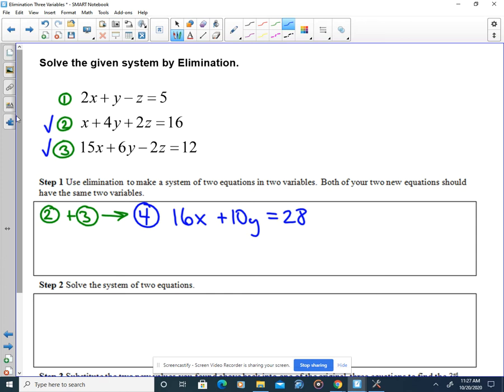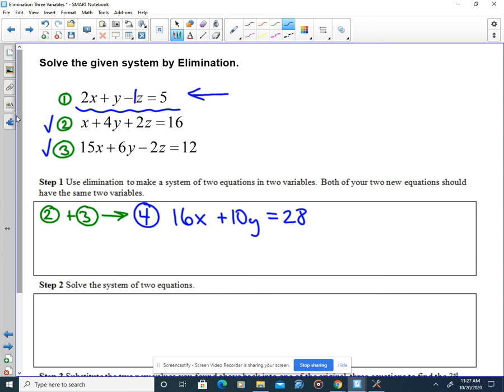So now I have to use equation 1. And I need to eliminate the same variable. So we eliminated the variable z. So I'm going to get rid of the z here in equation 1. Well, I'm going to have to combine that with either equation 2 or 3. Well, the z up here is negative 1z.